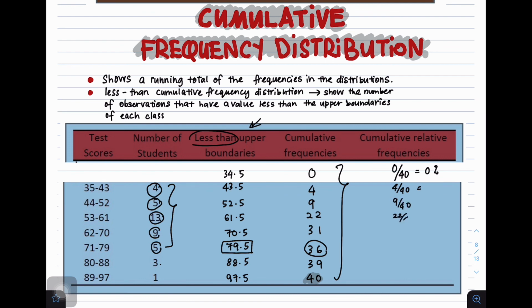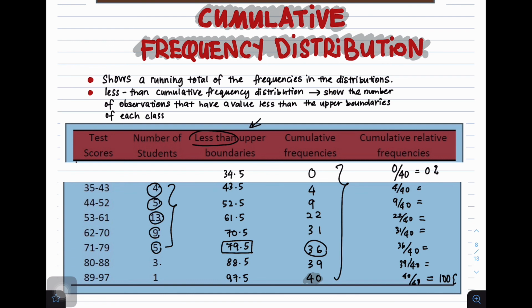We have 22 over 40, we have 31 over 40, this one is 36 over 40, this one is 39 over 40, and the last one is 40 over 40. Okay, this one will give you 100%, the total number. So the rest of this awak boleh cari. Okay, cari decimal darab dengan 100, then you will get the percentage. So this one is the cumulative relative frequency.